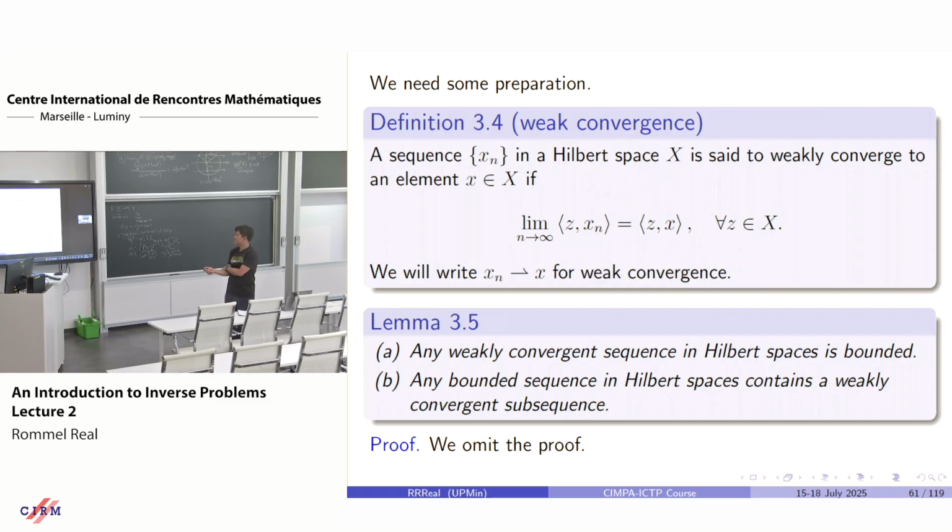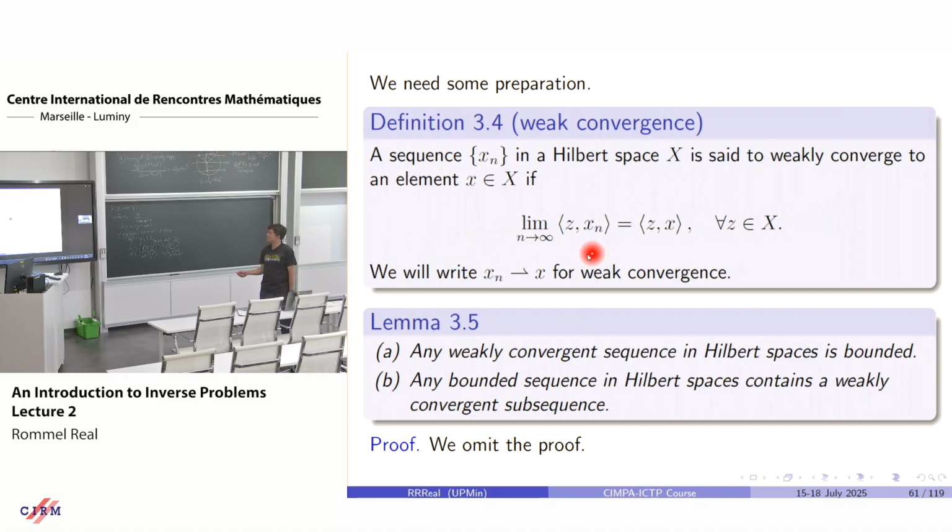If you have a sequence x sub n in a Hilbert space X, we say that the sequence weakly converges to an element x if the respective inner products converge. That means the limit of the inner products of any element z in X with x sub n must converge to the inner product of the weak limit x with z.